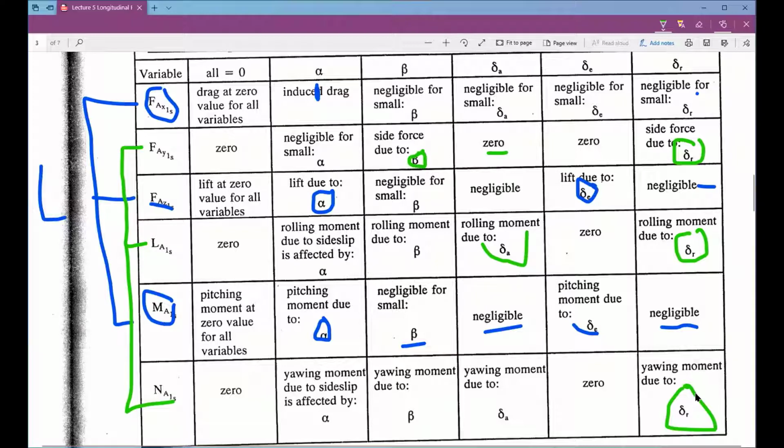One wingtip stalls before the other, you definitely get a rolling moment. So this model is good pre-stall. It's before stall. And again, like we said, it's for small side slip angles, because if you get a whole lot of side slip, then the lift from the right wing would be different than the left wing, and so you could get less lift or more lift due to beta there.